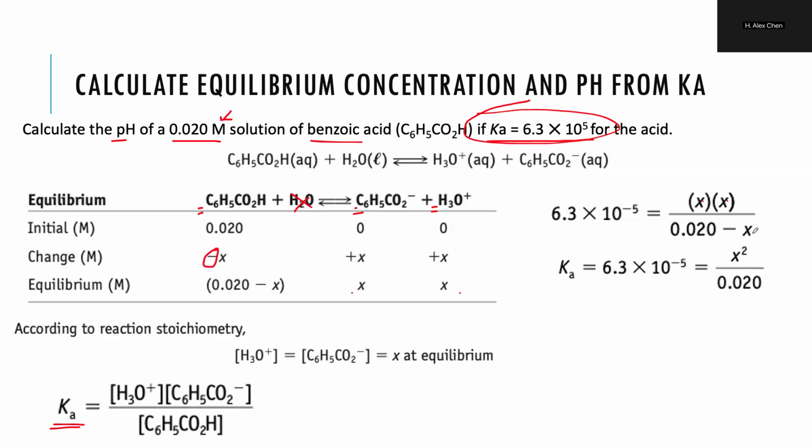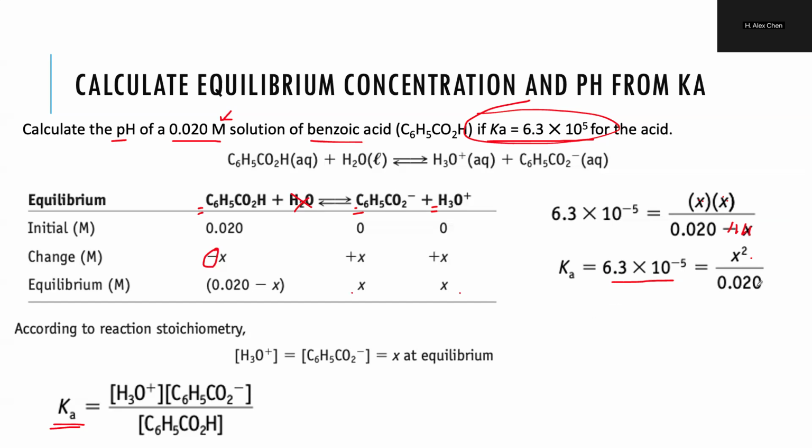Remember back in module 4, module 5, I can ignore the minus x part in my denominator. So all I have left is 6.3 times 10 to the negative fifth power equals x times x, which is x squared, not 2x, over 0.020.